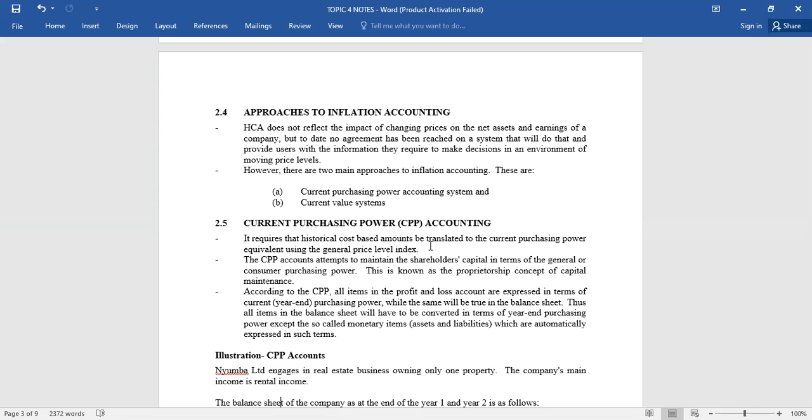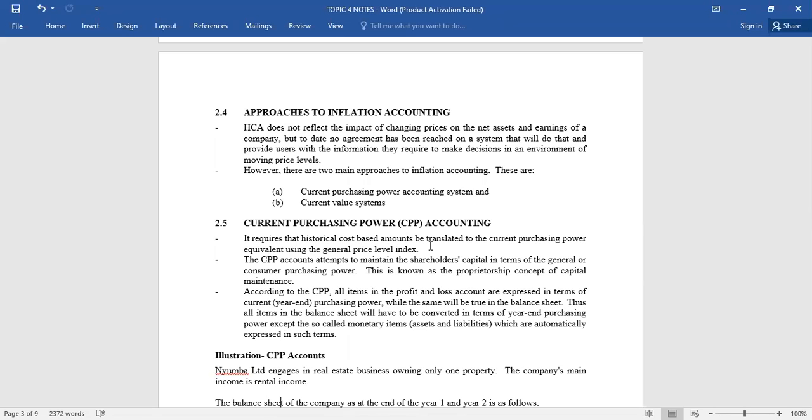Now, according to this approach, all the items in the profit and loss account will be expressed in terms of the current year end, because that will be the prevailing purchasing power. The same will be true in our statement of financial position or the balance sheet. Thus, all the items in the statement of financial position will have to be converted in terms of the year-end purchasing power.